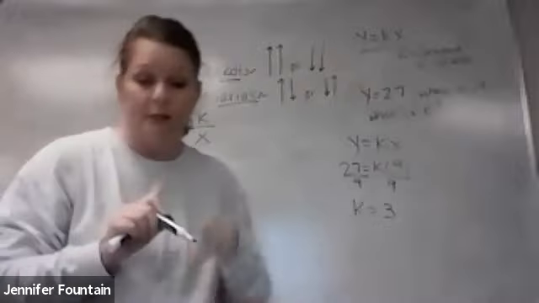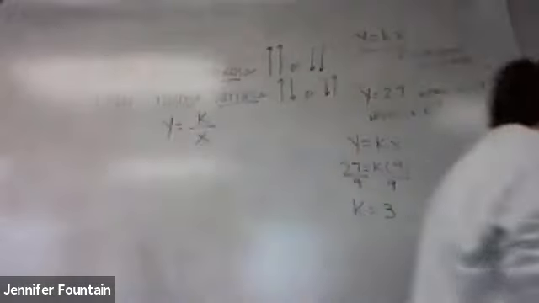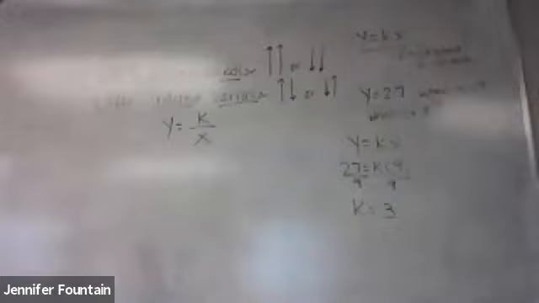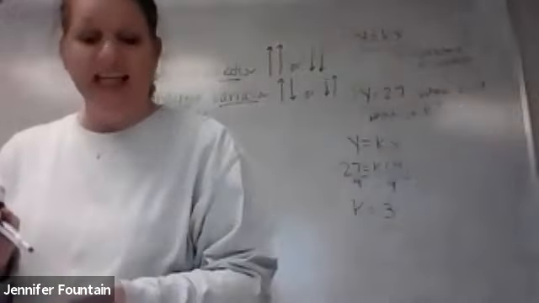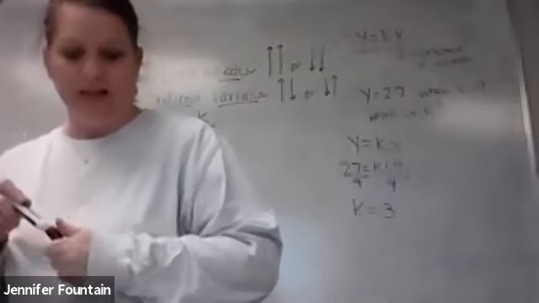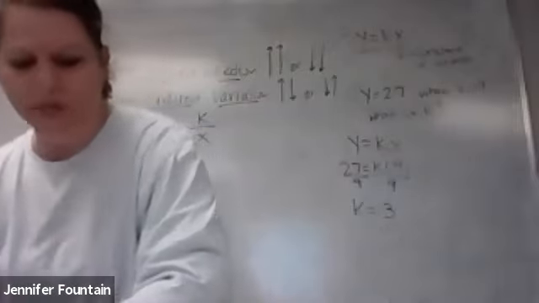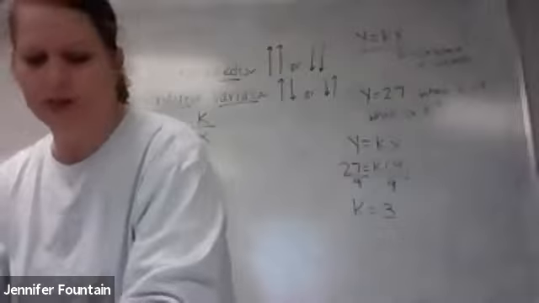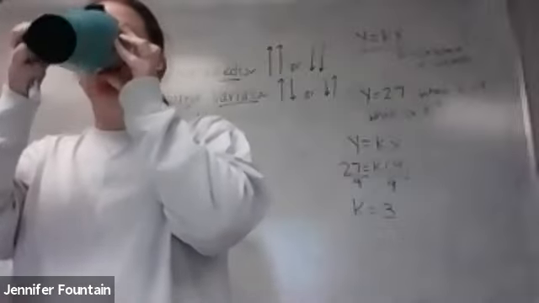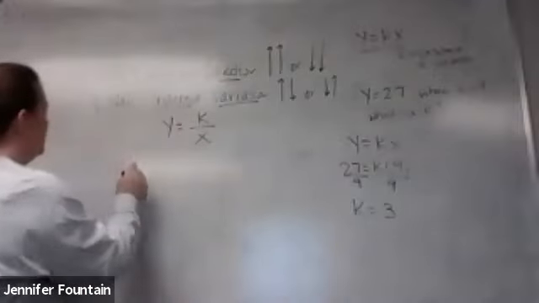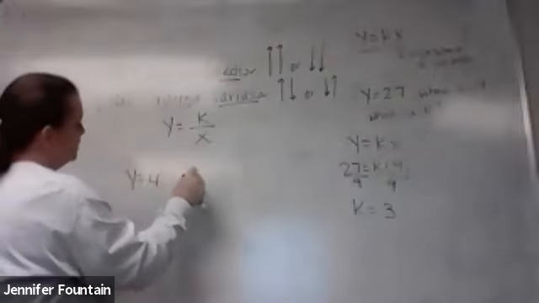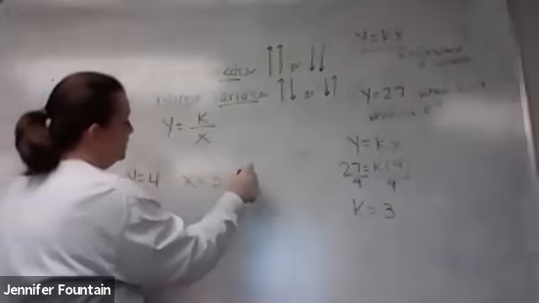So let's look at the example of this one. It says, if Y varies inversely as X and Y equals 4 when X is 3, what is the value of K? So Y equals 4, X is 3.